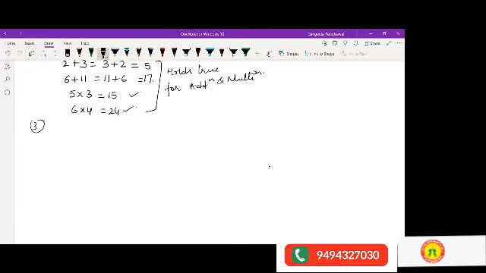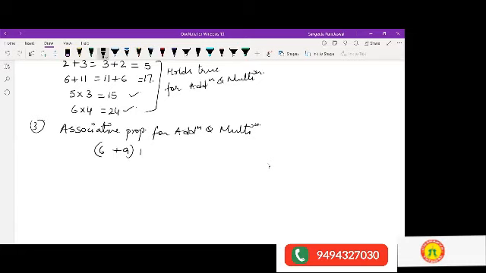Now coming to associative property. Associative property for addition and multiplication. In associative property, we take three numbers. Suppose I have three numbers, say 6 plus 9, grouped in any order.